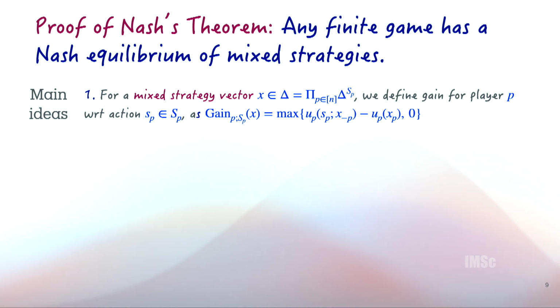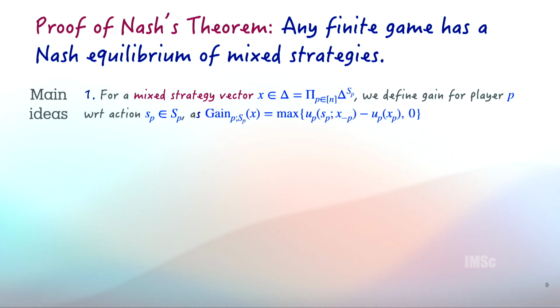Tell me quickly, what does this quantity represent? The gain you get by deviating to this action s_P, right? So if your gain is negative, meaning you are losing, then basically you take 0. Gain is 0, right? You don't have a successful deviation. Otherwise, this gain function will pick up this value, correct?